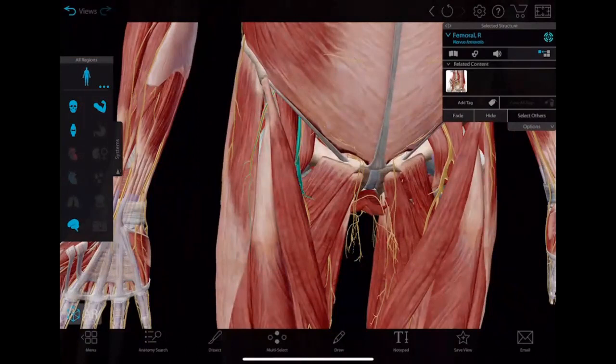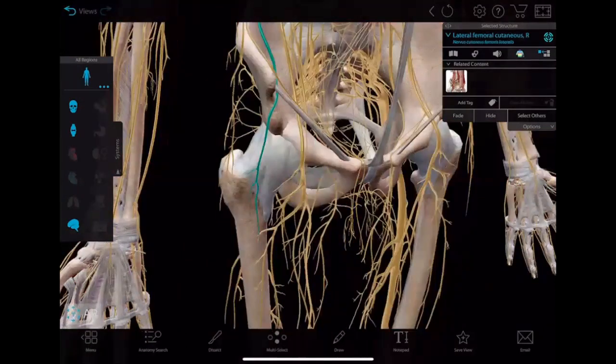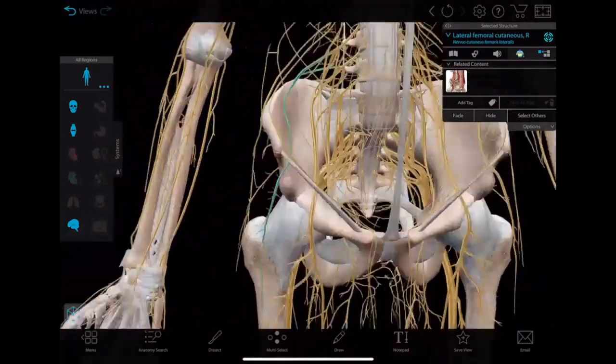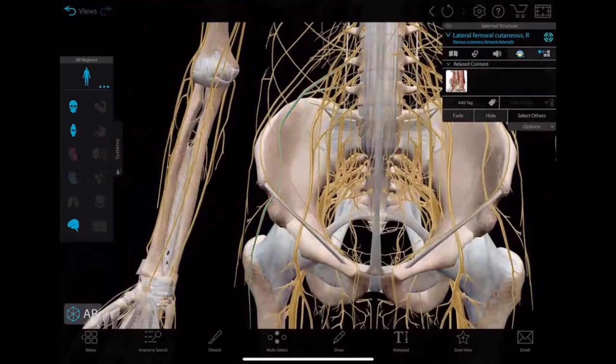There is a difference, and the femoral cutaneous nerve of the thigh root is L2 and L3.